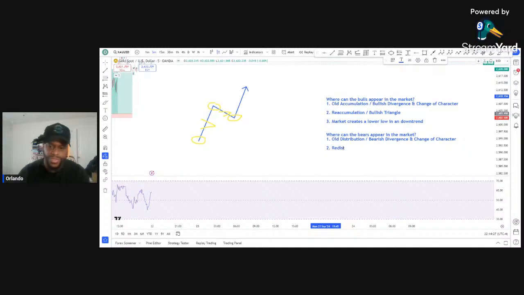Then you're going to have a redistribution, which is also known as a bearish triangle. And then number 3, the market creates a higher high in an uptrend.